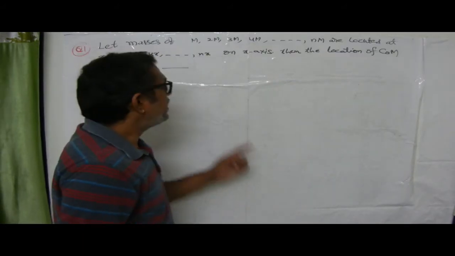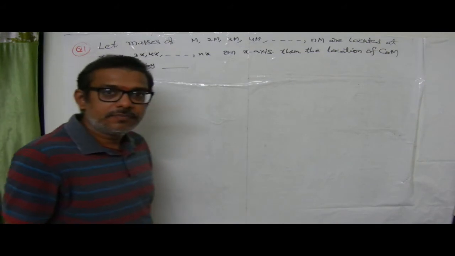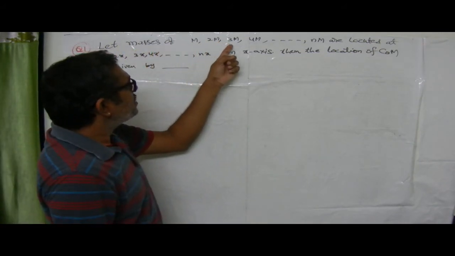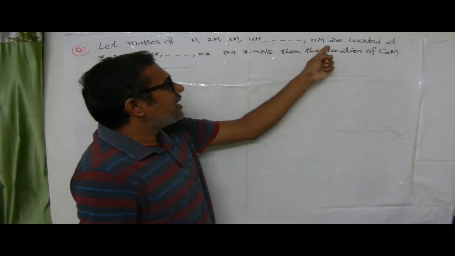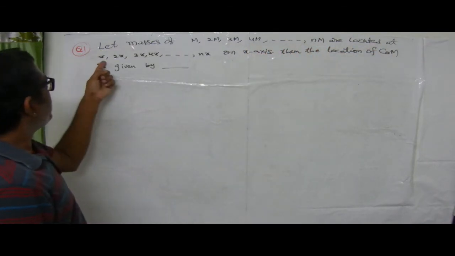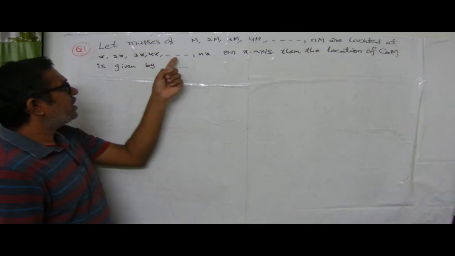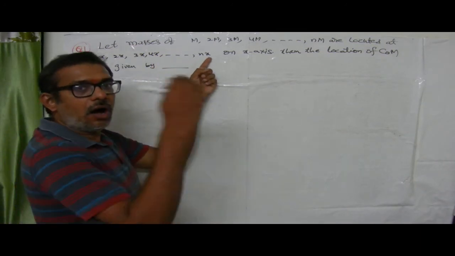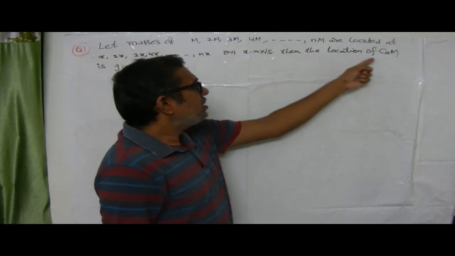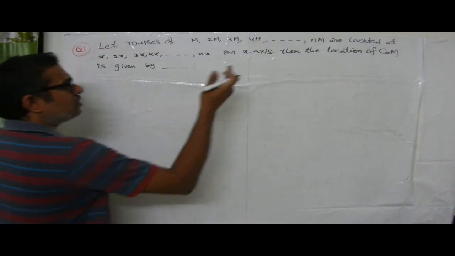Okay. Let us consider question number 1. In question number 1, let the masses m, 2m, 3m, 4m, up to nm be located at x, 2x, 3x, 4x, up to nx on the x-axis. Then they are asking for the location of the center of mass. So how to solve this particular problem?